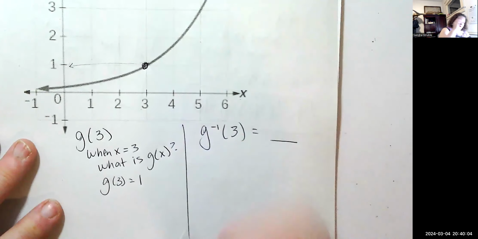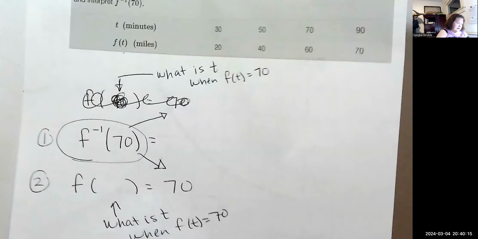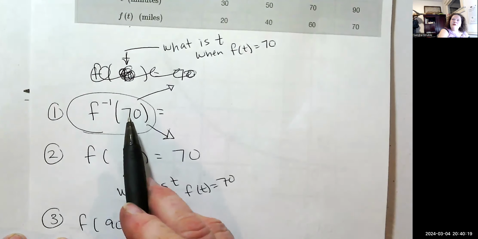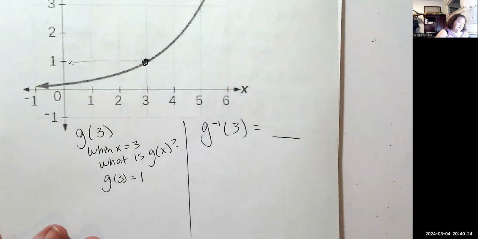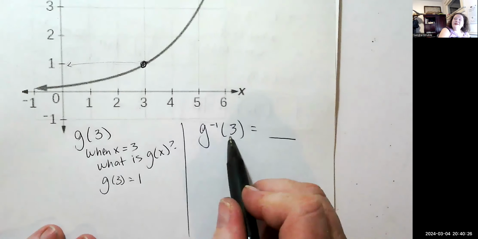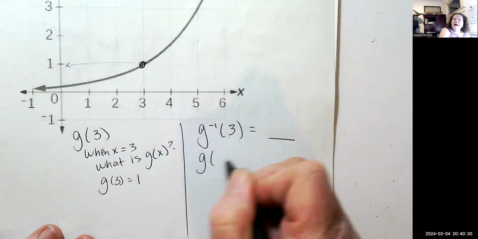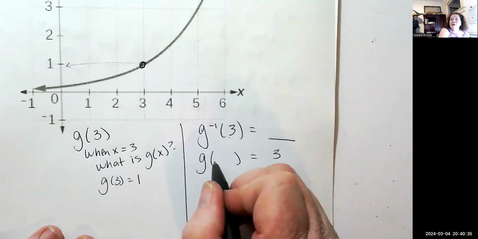Again, I'm going to do this one just like I did the one before, where I said, if I know what the inverse of it is, and that's my domain of the inverse, it's got to be my range of my f. So over here, if this is in my domain for my inverse, I know that it's going to be in my range for my g.